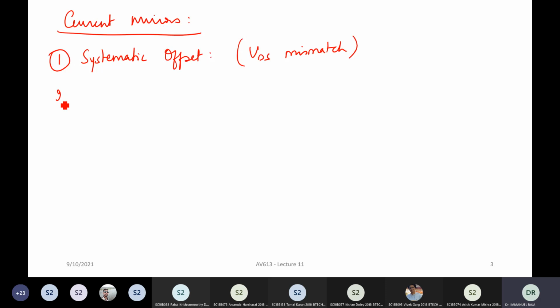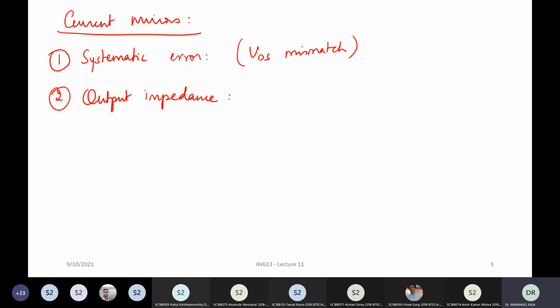Secondly, we also talked about the output impedance. If you have a high output impedance, it minimizes the effect of systematic, let me not call it offset, let me just call it systematic error. That would be the right word to use.